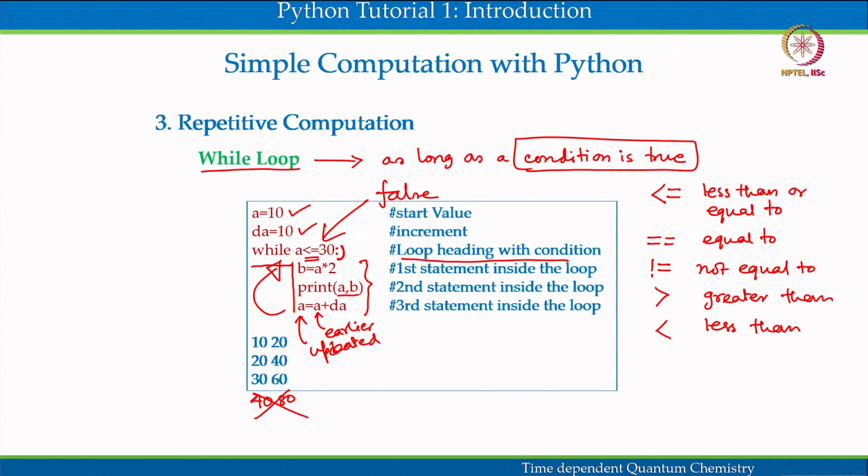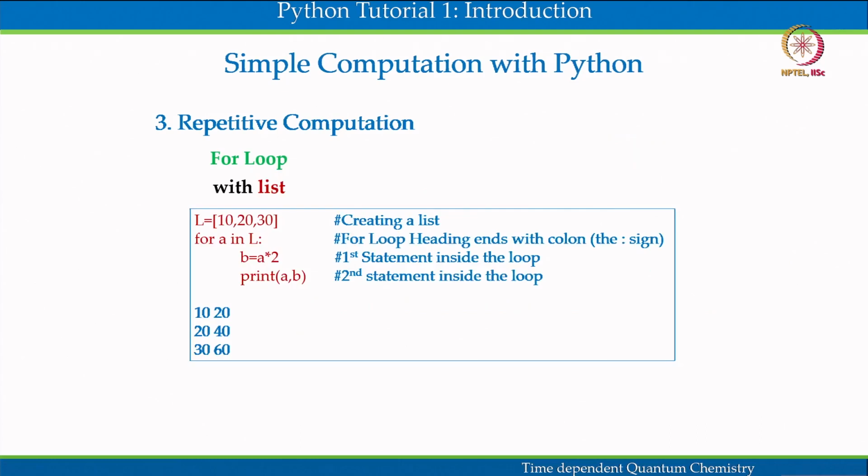We will now move to the for loop, and for the for loop we will introduce another functionality which is a built-in functionality of Python, that is listing a number, a list of numbers. So one can prepare a list for graph plotting.